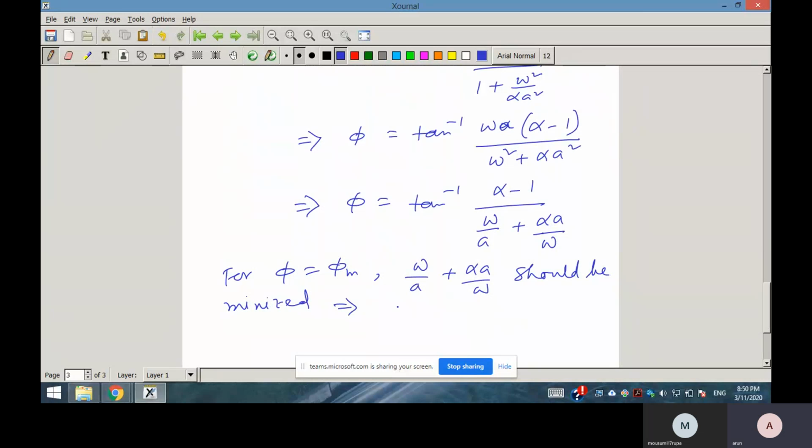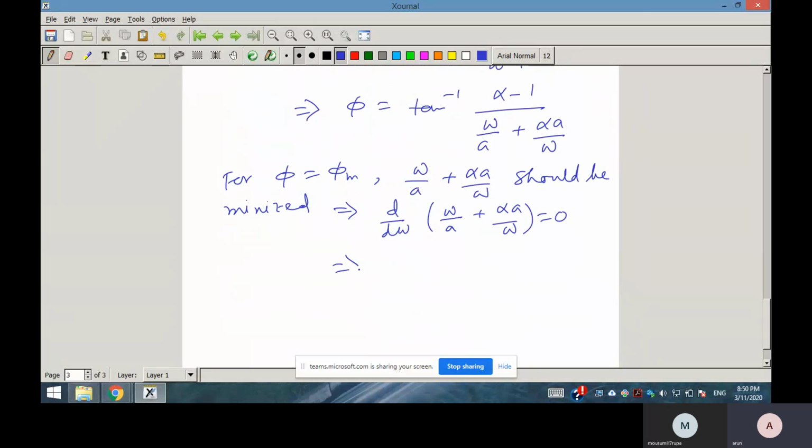What is the frequency at which it will minimize? d by d omega of (omega by a plus alpha a by omega) equals 0. This means 1 by a minus alpha a by omega square equals 0, so omega equals a root alpha. So this is the frequency, which I'll mark as omega m.